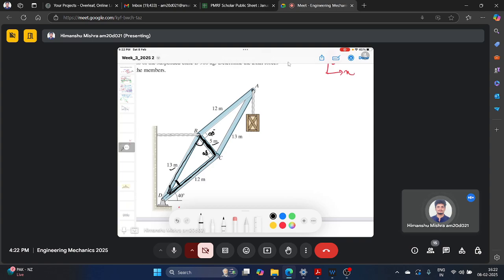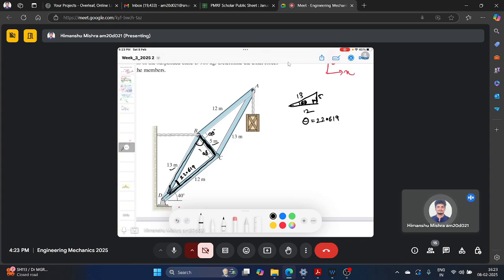So you have this triangle. This is 90. This is 13, 5 and 12. This is theta. Here if you use the trigonometry law, you will get theta is 22.619. So this is 22.619. Then what about this angle?